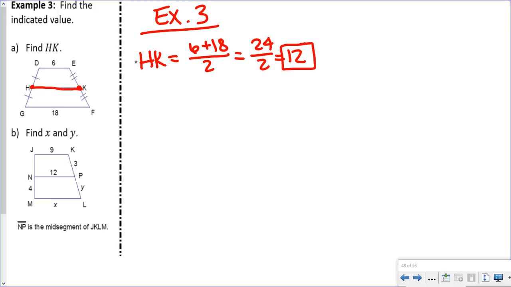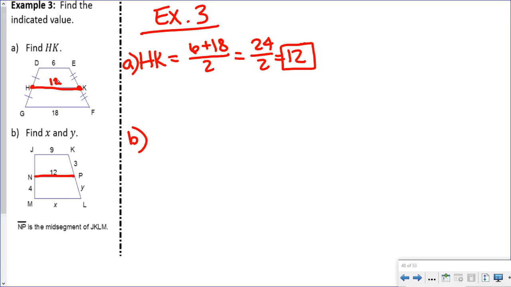Okay? Part A. Part B, we have two things to find, x and y, and they're telling us down here without the markings. So they'll either show you the markings like this to show you the mid-segment or just flat out tell you we know that NP is the mid-segment. Now, if I put 12 x on this one, notice the difference from 6 to 12 is plus 6, and the difference from 12 to 18 is plus 6.